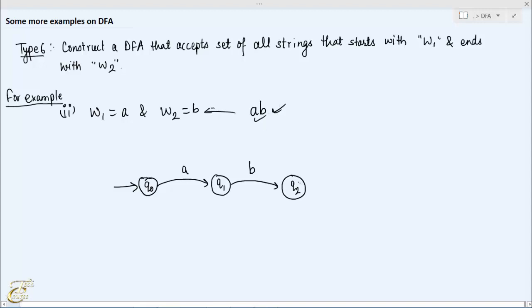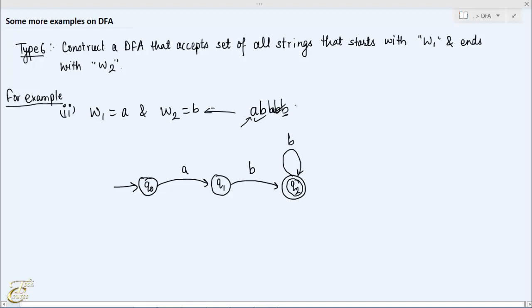Therefore, we double circle this Q2 state. Now, any number of B's coming after this string should be accepted, as this string already starts with A and ends with B. That's why we make this transition.